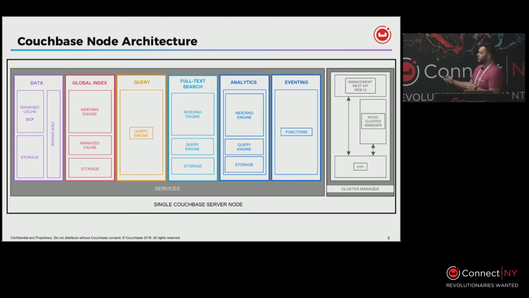Okay? So all of these individual services have their own discrete architectures and functionality. And when you install Couchbase on that given node, you're joining it to a cluster, you're choosing what services you want to enable or disable.